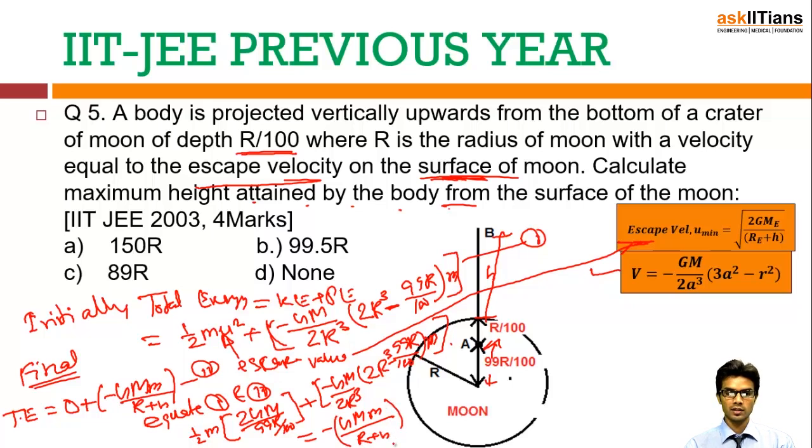Now calculate h from here. And this will come out to be like 99.5R. So that's all. We have completed gravitation, the full syllabus of gravitation, previous year IIT-JEE questions, with complete explanation of all the theories.